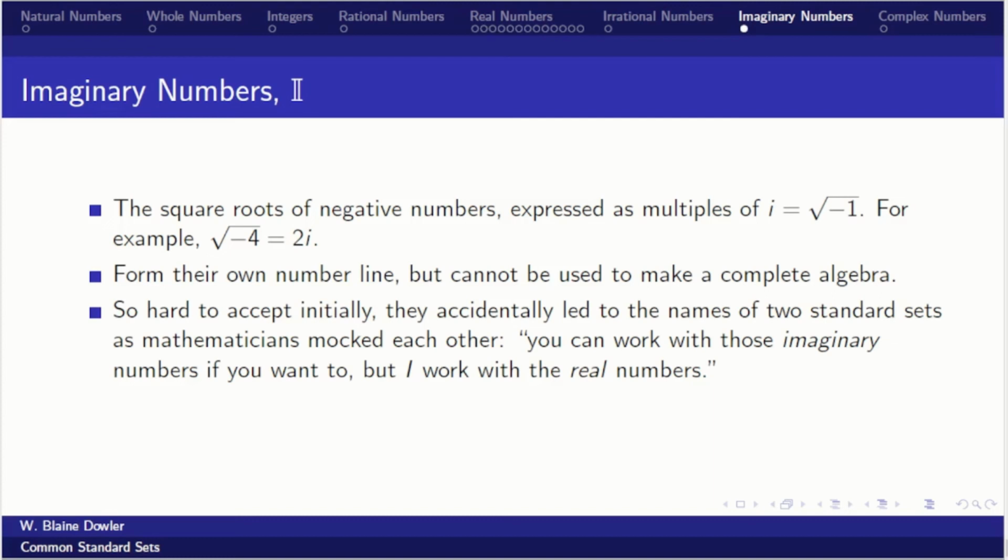It was mathematicians mocking each other. You can work with those imaginary numbers if you want to, but I work with the real numbers, that kind of thing. So that's why imaginary and real got named first, and why real got the R before rationals did, although for a time there was a lowercase r for rational and a capital R for real, or vice versa.